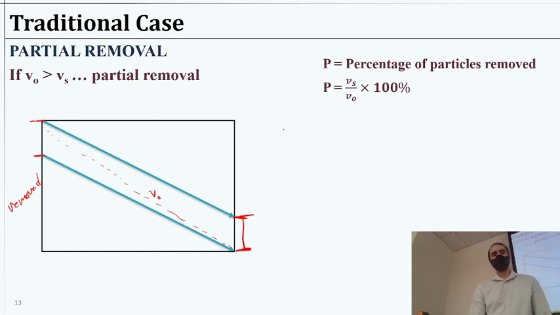So we can say the percentage of particles, if we look at that, we'll say that Vs divided by V naught. So if, again, this is Vs here.